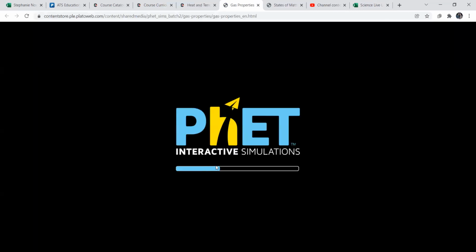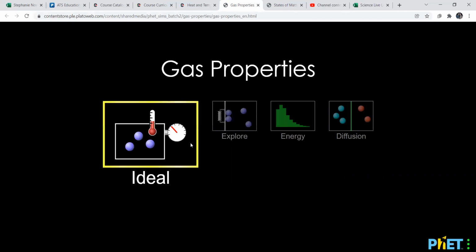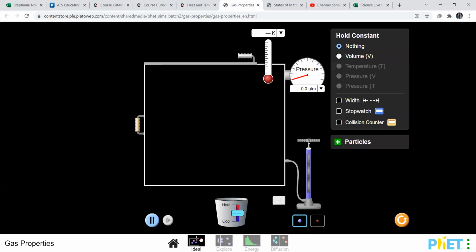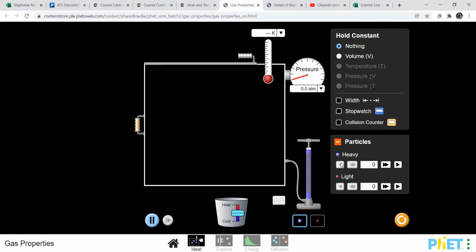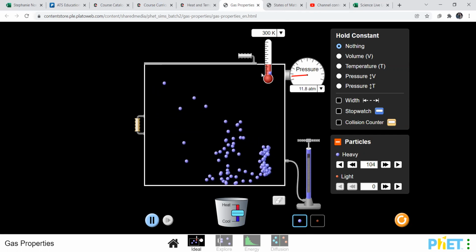This would just show you gas properties. Ideal gas properties. So let's just take a look. Add particles. And we just watch what they do. So it just shows you a couple examples.